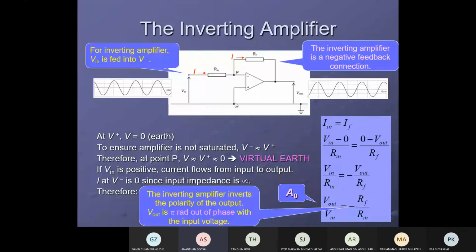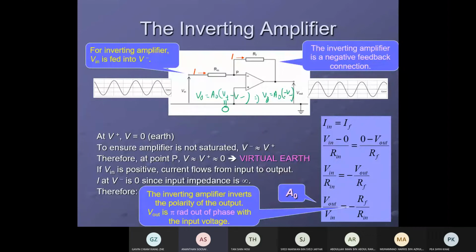That means, in the formula, what is the amplifier formula? Output equals A naught (V plus minus V negative). The V plus technically becomes 0. We earth it. So the formula tends to become V naught equals A naught times minus V negative.